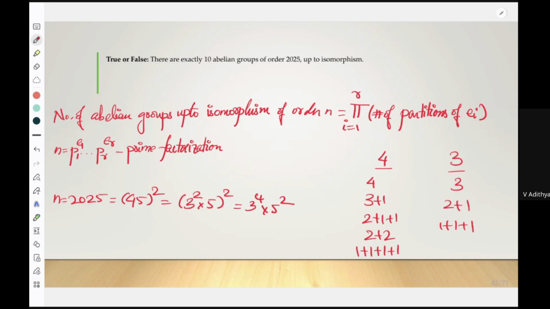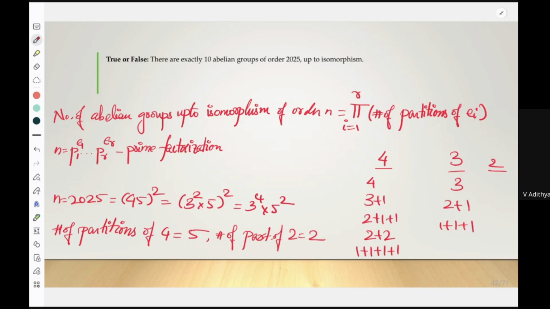The number of partitions of 4 is 5, as we have seen here. The number of partitions of 2 is basically 2. For 2, you'll have 2 and 1 plus 1. So the number of abelian groups up to isomorphism of order n is basically 5 times 2, which is 10. So this statement is true.